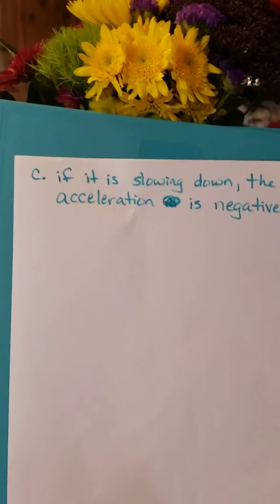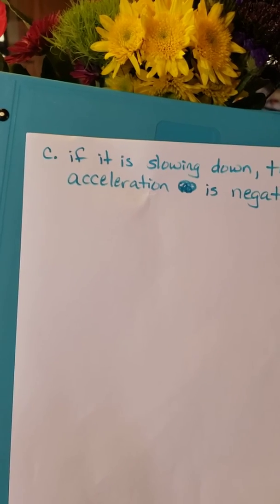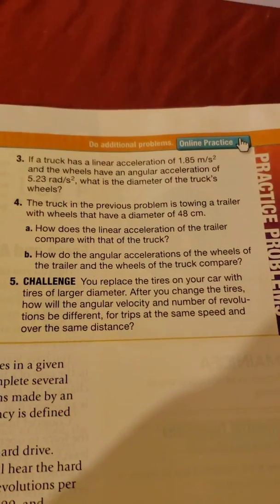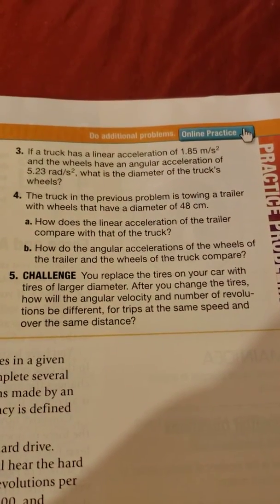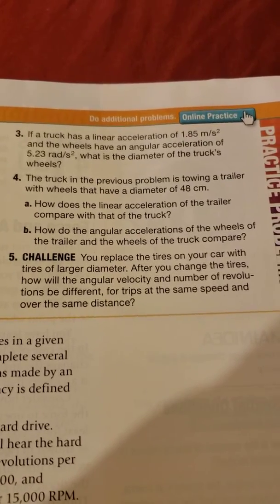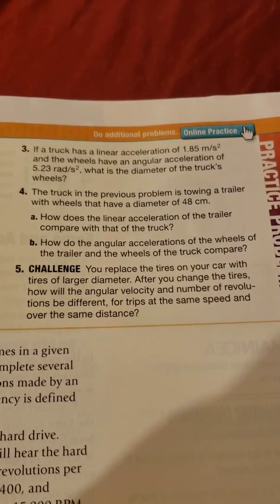What I'd like for you to do is try number 3 by yourself. So number 3 is if a truck has a linear acceleration of 1.8 meters per second squared, so you remember what acceleration is. It's the change in velocity over the change in time.